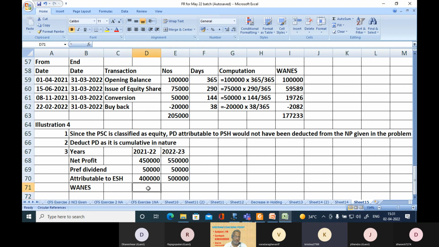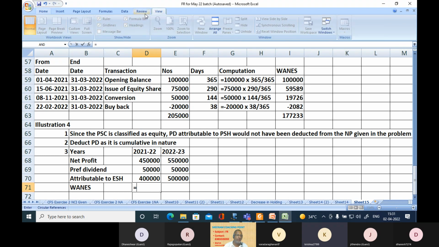Sir, originally issued capital is 40 lakh shares. 100 million divided by 25 per share, rupees 100 million and 25 per share.